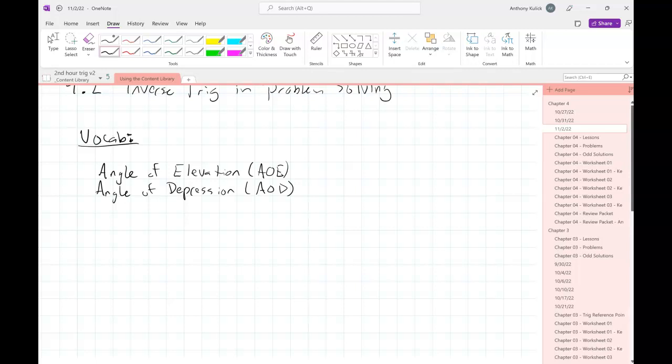So to define what I mean by these things, I'm just going to draw a little bit of a picture. So I have two people, right? One person's on the ground, one person's on the top of a building or something. If I'm the person at the ground, I'm looking straight ahead. This would be like my line of sight. Everybody agree with that?